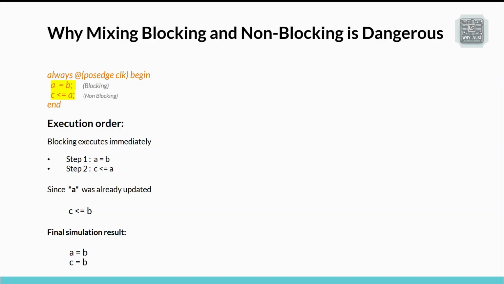However, synthesis tools do not follow the same execution model as a simulator. Instead, they interpret the code based on the hardware behavior. Since this block is triggered by the clock, the synthesis tool creates two flip-flops.